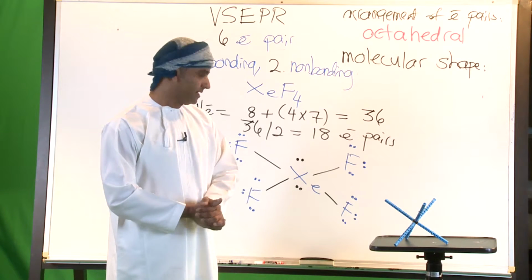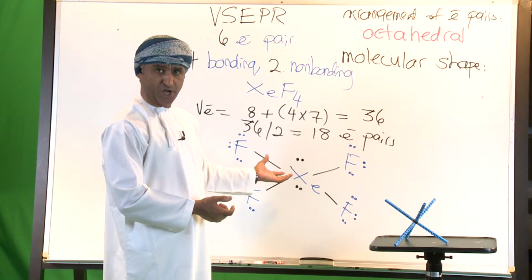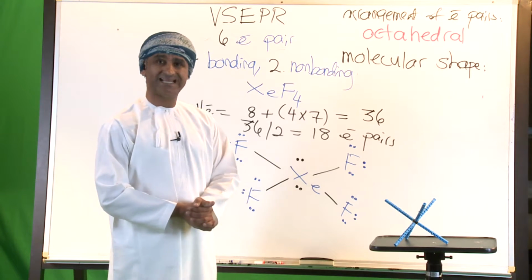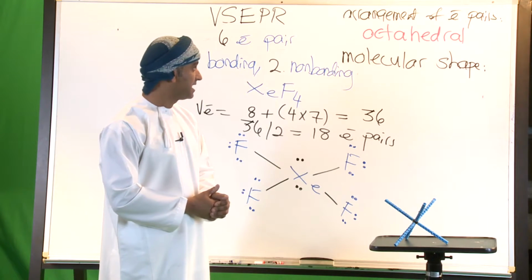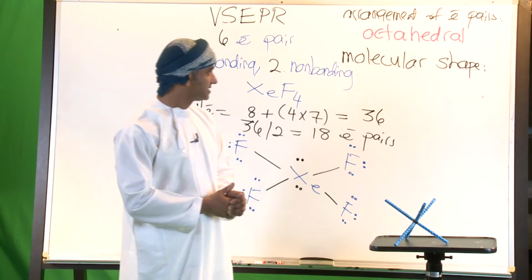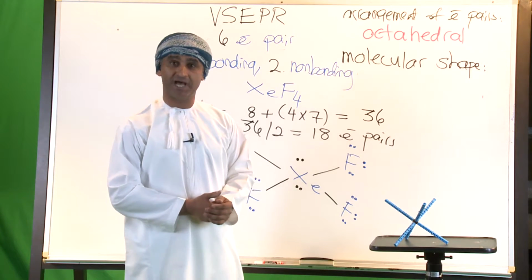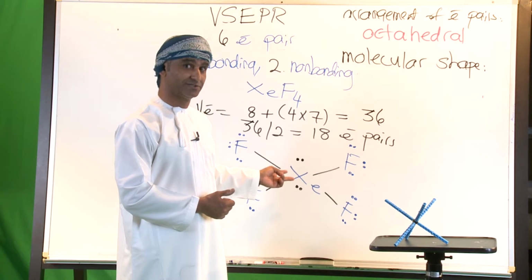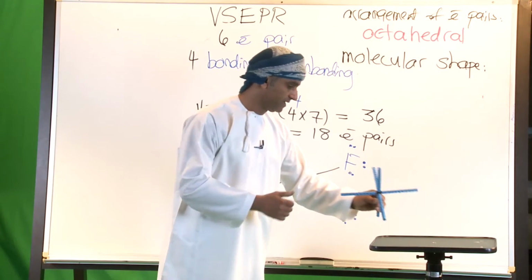Moving on to the prediction of the orbital shape. The orbital shape is still octahedral because there are 6 electron pairs around xenon, so the arrangement of electron pairs is still octahedral. But the molecular shape will not be octahedral because now there is not just 1 lone pair, but 2.